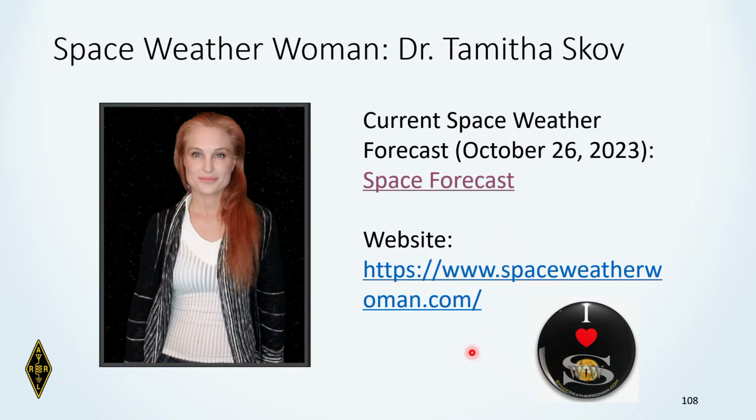I don't have one, but just thought you'd like to know. What I'd like to do, though, is give you an idea of what her space forecasts sound like. So we'll only take a couple minutes and just play a couple snippets from her most recent one. Her most recent one is from October 26th, just a few days ago.